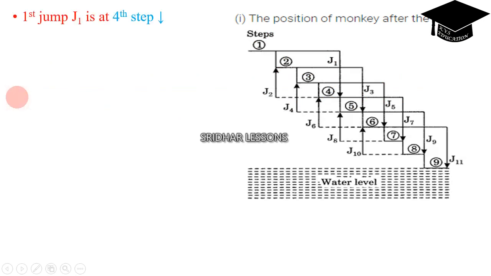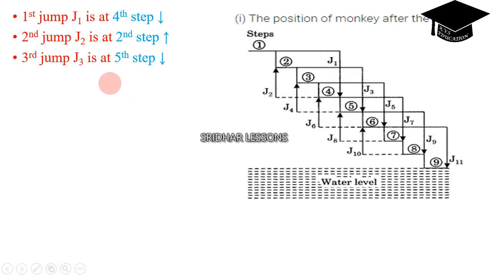For the first jump, actually he is at the 4th step. Second one, J2 is at the 2nd step, upwards. See this picture carefully. And for the third one, J3 is at the 5th step, downwards. For the fourth jump, J4 is at the 3rd step, upwards.